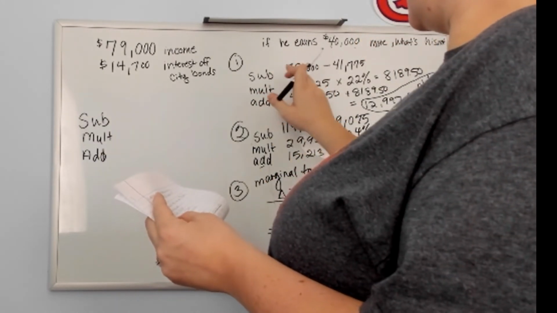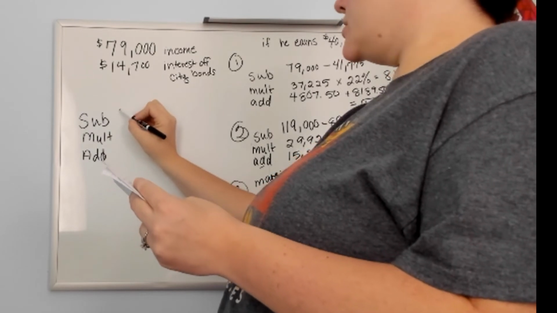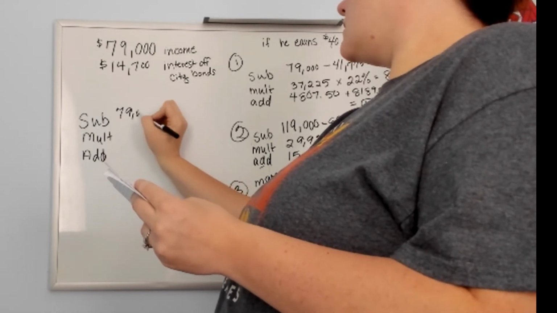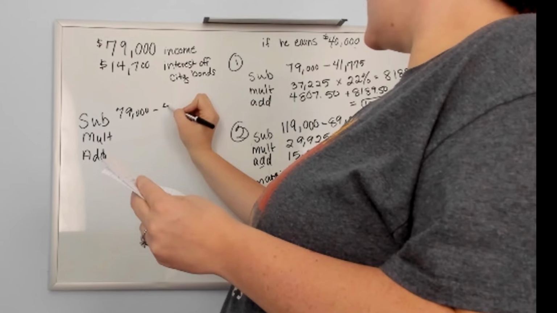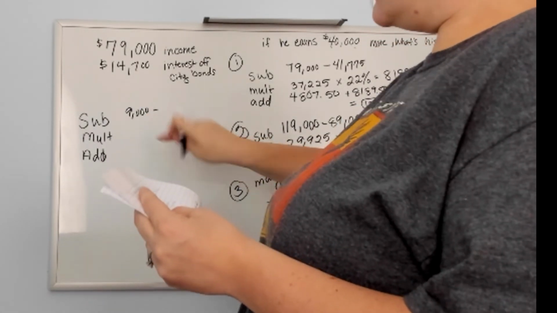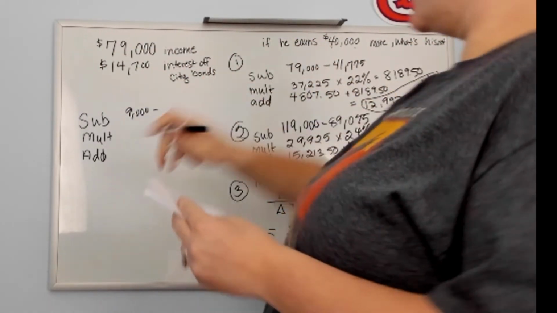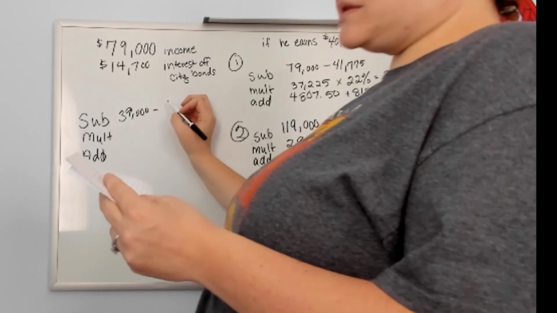But first we do the subtraction. We're going to go to the 79,000 and subtract the 40, going to give us 39,000.